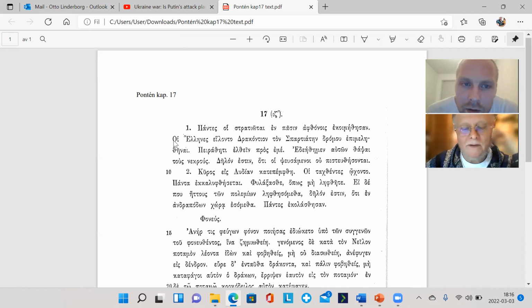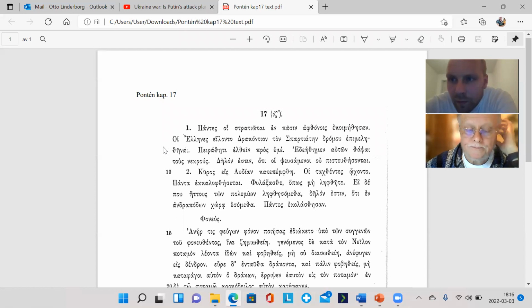Then the next one, paratheti. What mood do we have here? First of all, it's an aorist passive, right?